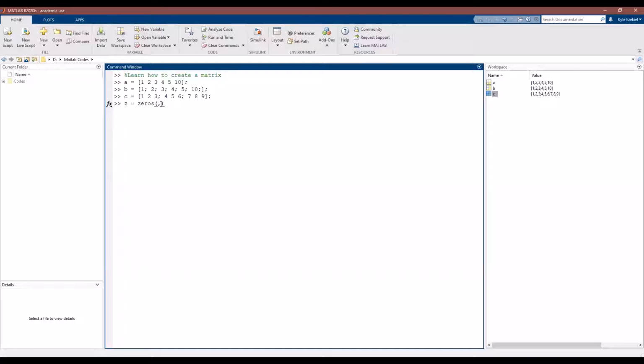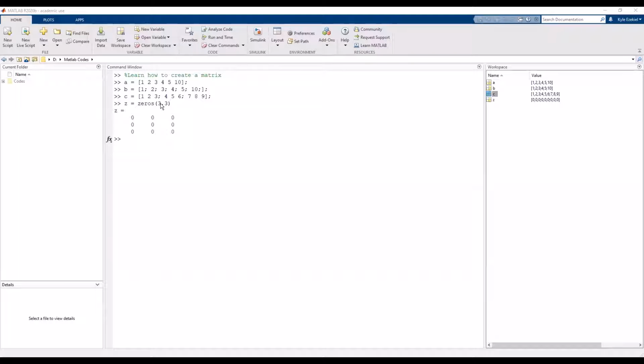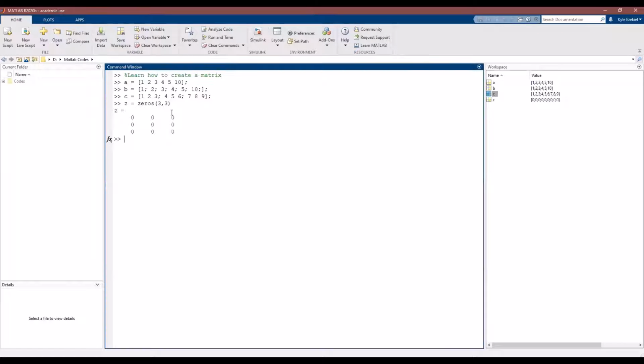Just remember that when creating this kind of matrix, it should always be row by column, so row comma column. Let's say 3 by 3. Here's an example of creating a matrix using the command zeros. I just created a zero matrix. It also works with ones.